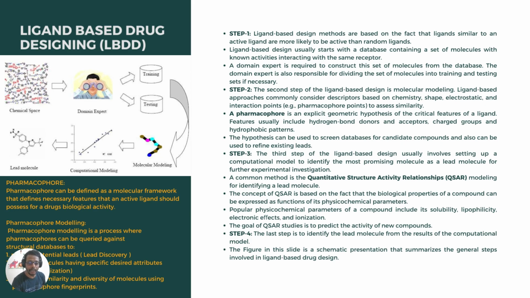Based on QSAR studies, one or a few lead molecules are identified. All this comes under ligand based drug design. So based on a huge database of ligands and target molecules, one lead molecule is identified by ligand based drug design.